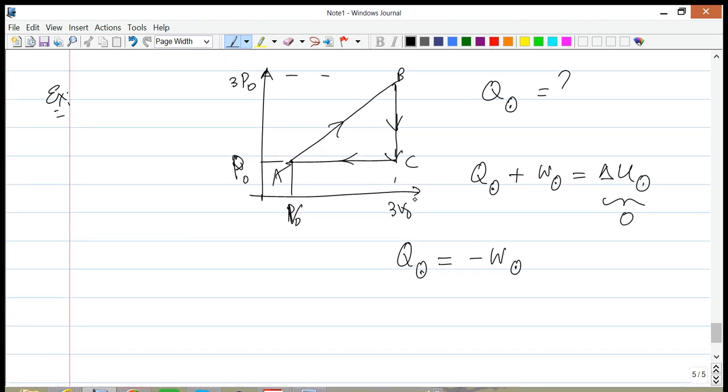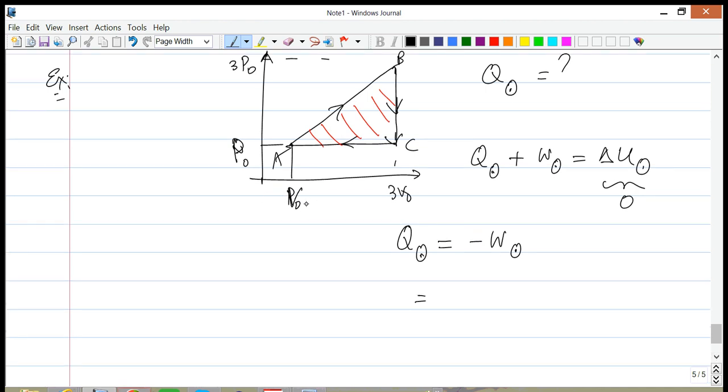Now in this case, for this cycle, we also know how to find the work done. That's very easy. Just find the area enclosed by the cycle. In the first video on work, we talked about that a little bit and why it is the area under the cycle. So let's find the area under the cycle. Since this is a clockwise cycle, the work is negative by the cycle, so there's a negative sign, and that is half of the area by the cycle.